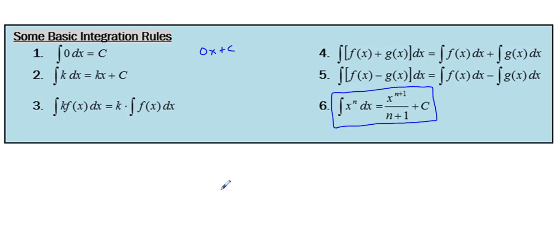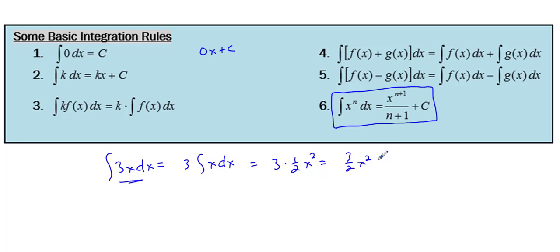So using some of these properties, we can make these problems take incredibly long times, like 3x dx. We could rewrite this as 3 times the antiderivative of x dx, which is 3 times 1/2 x squared, which is 3 over 2 x squared. We don't need to do that all the time. We just need to be aware that it could happen. What did I forget to do?